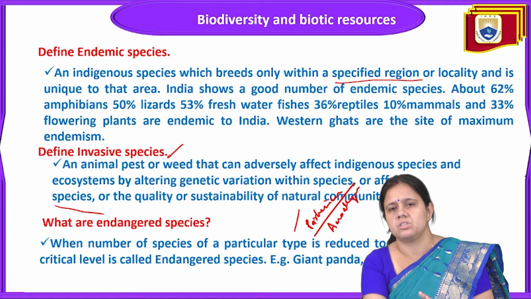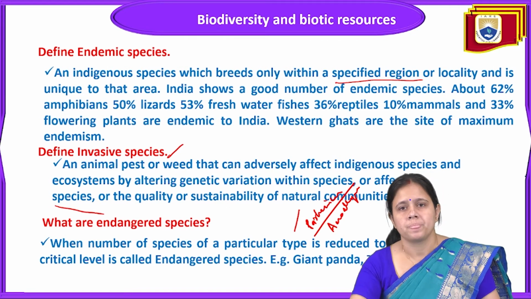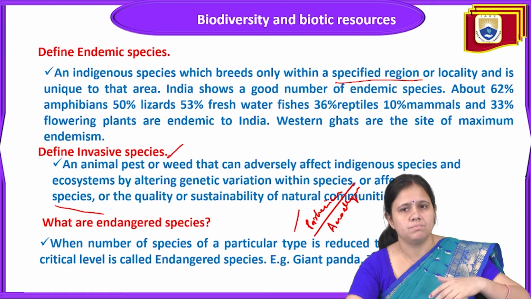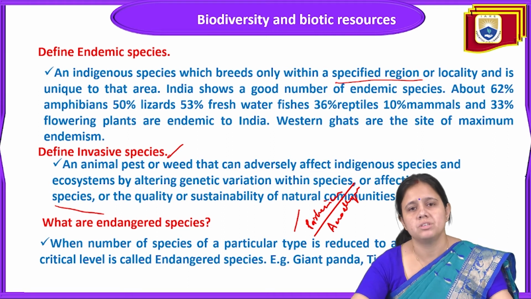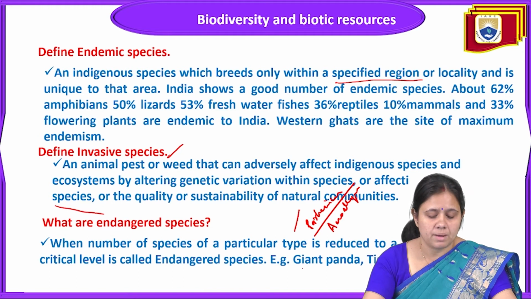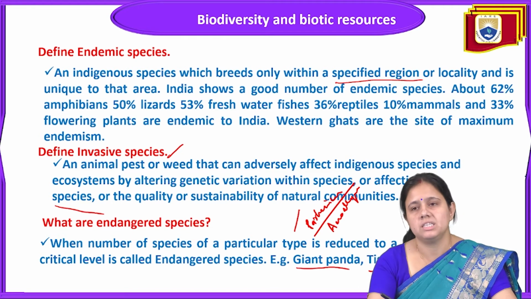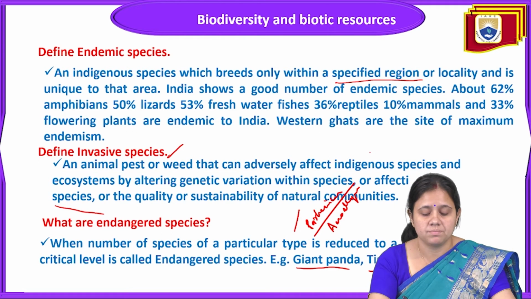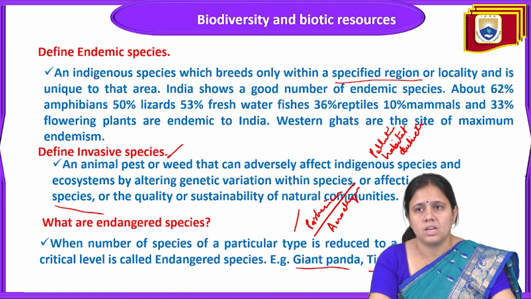Now we come to the next definition: what are endangered species. Endangered species means when the number of species of a particular type is reduced to a critical level, when the total number of species is reduced to a very low number. Examples are the giant panda and the tiger. The reasons for endangered species are sometimes pollution, habitat destruction; all are reasons for a species becoming endangered.